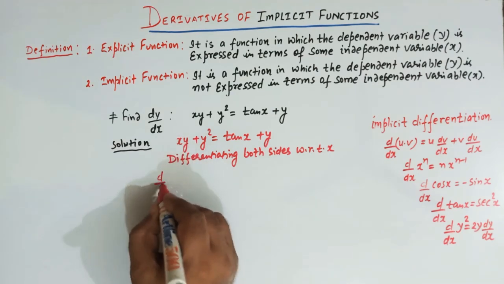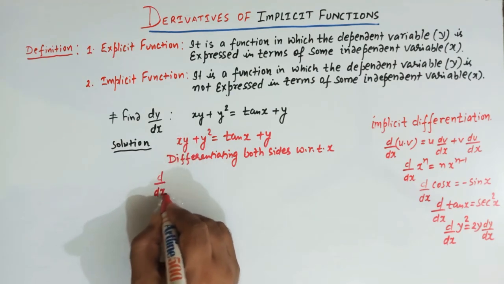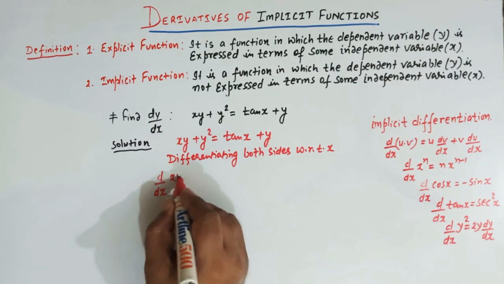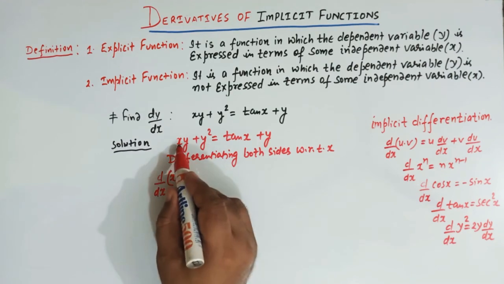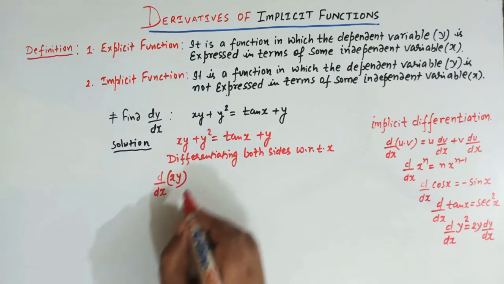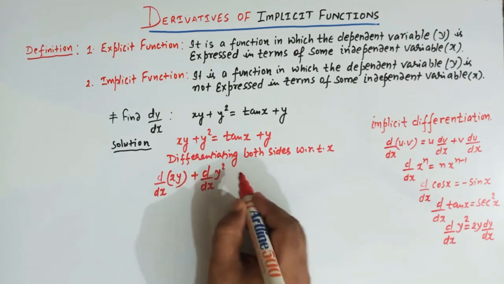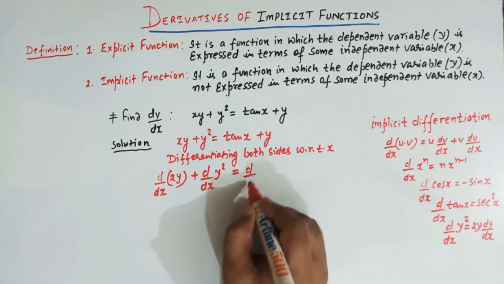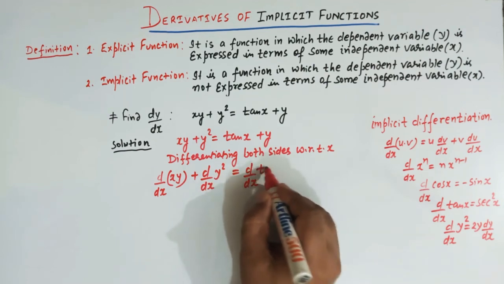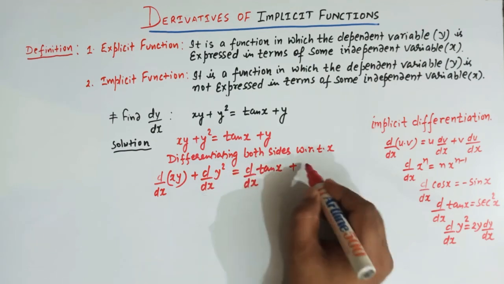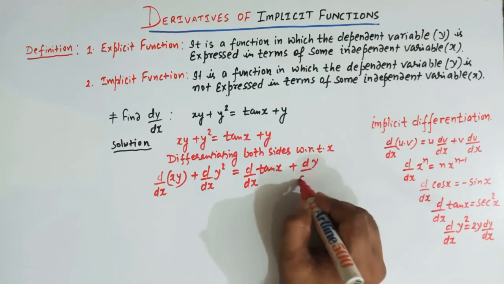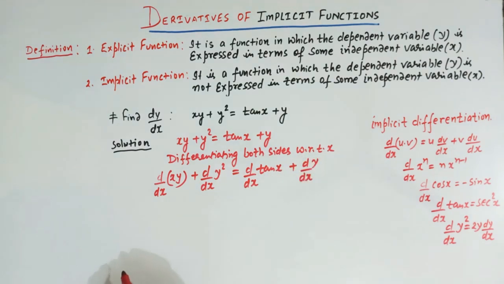So we have the derivative of the product of x and y, the derivative of y square, then the derivative of tan x, and this is dy over dx, right?